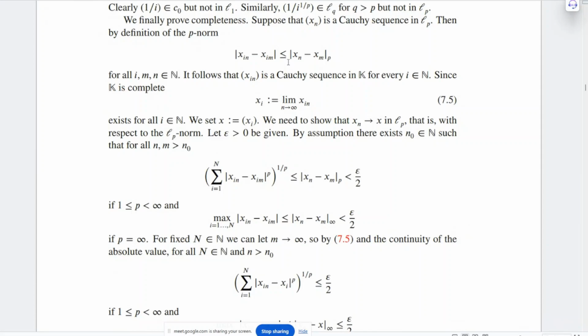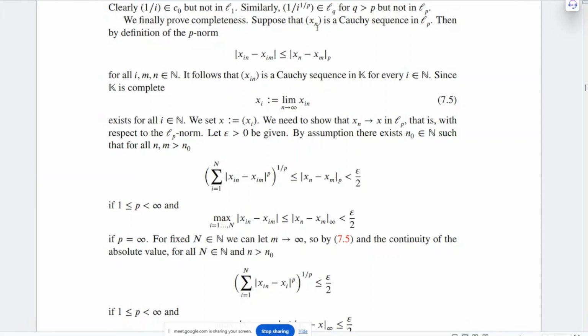What do you mean by completeness? We have to show that every Cauchy sequence in LP actually converges in LP. Convergence in LP means convergence in the norm. So you take a sequence xn in LP and assume it is Cauchy. Now the ith component of xn is written as x_i^n.